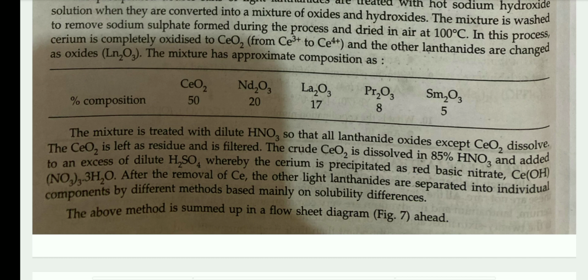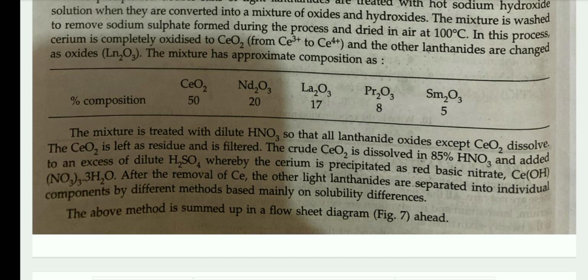The CeO2 is left as residue and is filtered. The crude CeO2 is dissolved in 85% HNO3 and added to an excess of dilute H2SO4 whereby the cerium is precipitated as red basic nitrate Ce(OH)(NO3)3·3H2O.